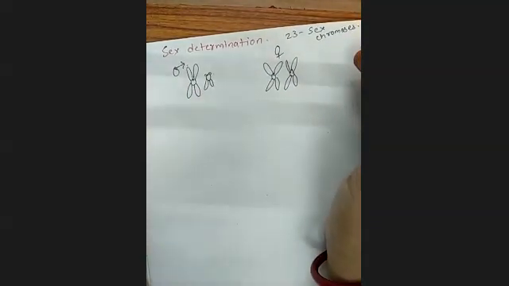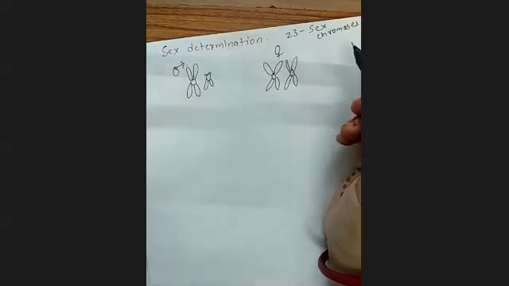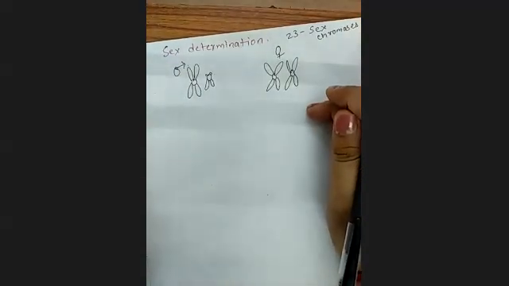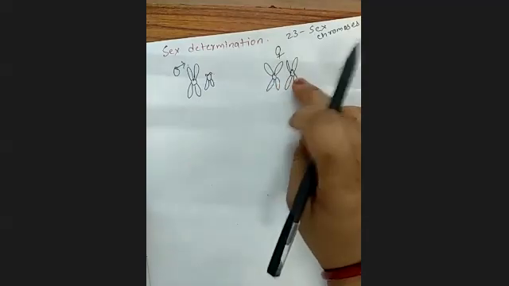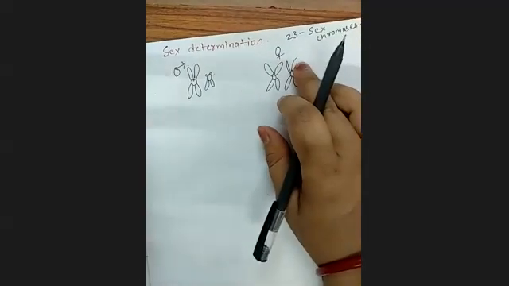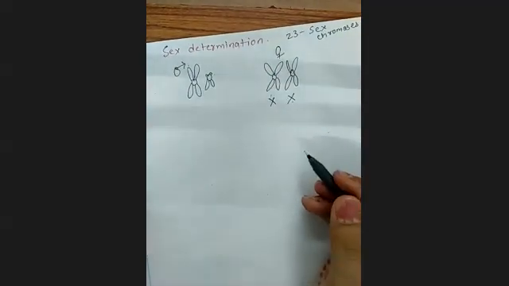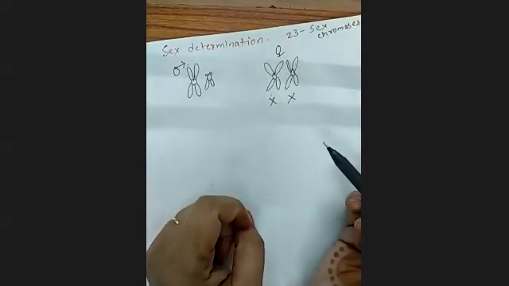Ma'am, what is the second one, ma'am? You have drawn this one? That I will let you know. Okay, so do understand this. Even the types of chromosomes are different. You have 4 types of chromosomes in our body. Out of these, the major one is the X type. If you are having 2 X's, then you are going to be a female.